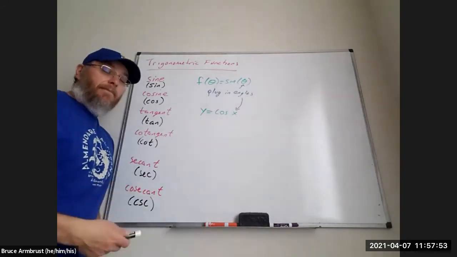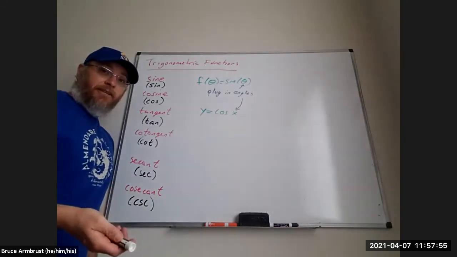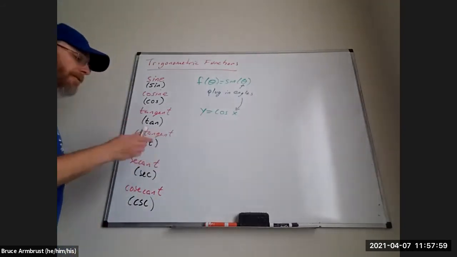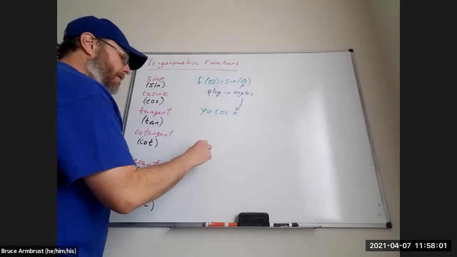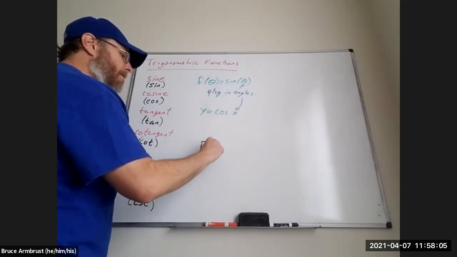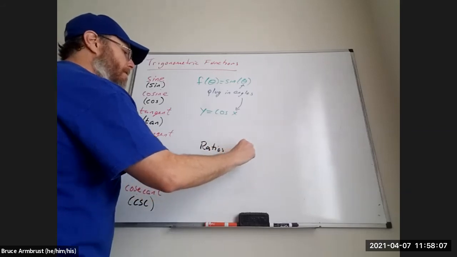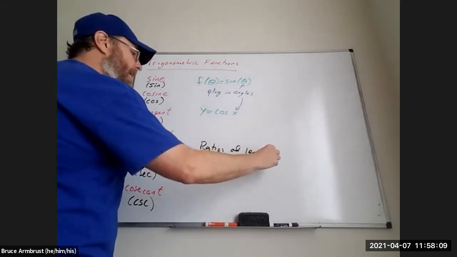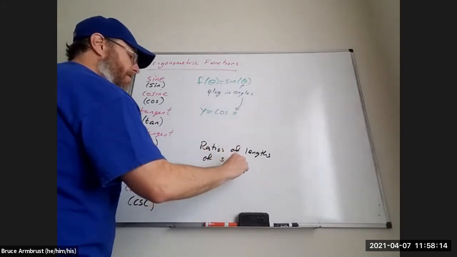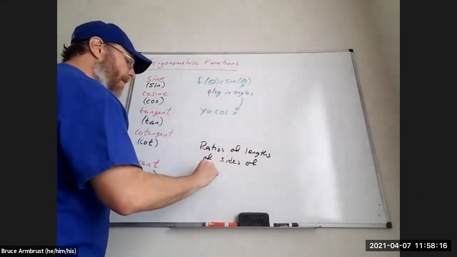They were the ones that came up with these and defined these 6 trig functions. All right, but what they all were defined as, they are all ratios of the lengths of sides of right triangles.